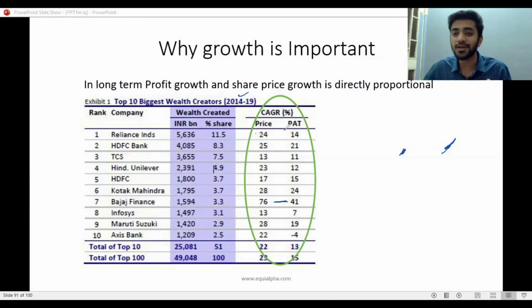That's what fundamental analysis is. It's not about the shorter term of 1 month, 2 months, 3 months. It takes care over years. So in the longer term, profit growth and price growth will match. Axis Bank, minus 4%, 22%, is an exception. No doubt there will be some exceptions, but you can't predict that this will be an exception.